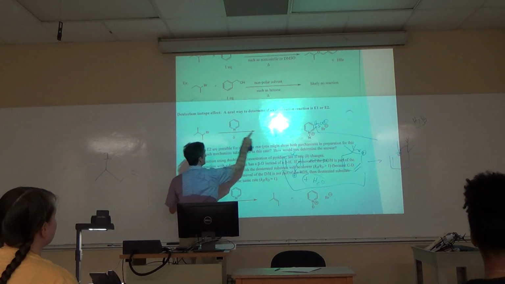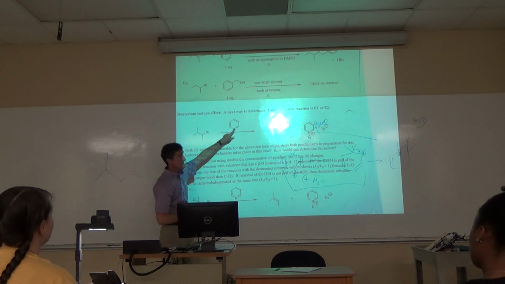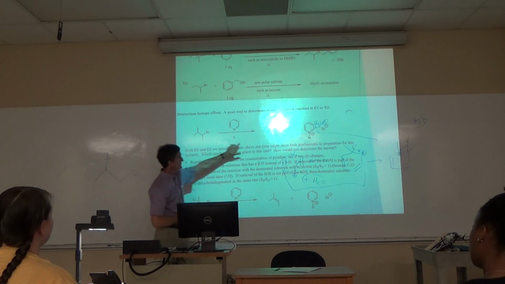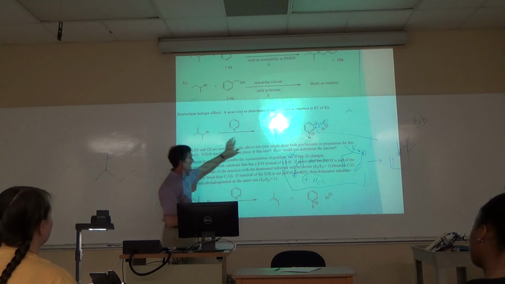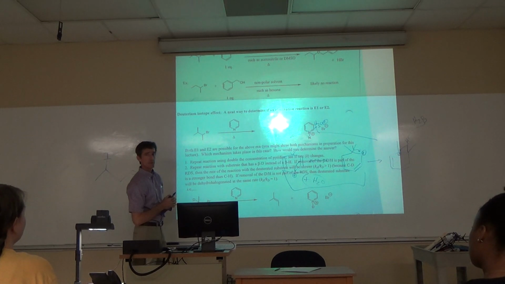Because, is this reaction here shown? Pyridine. It's an elimination here. We're eliminating HBr, make it alkene. Is this E1 or E2?